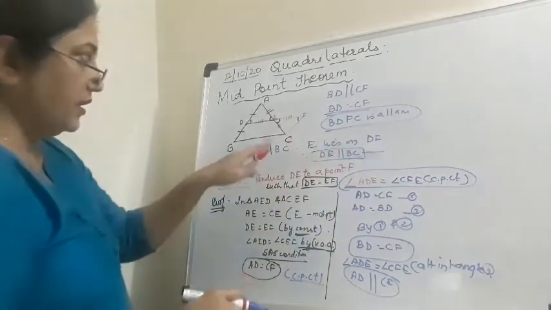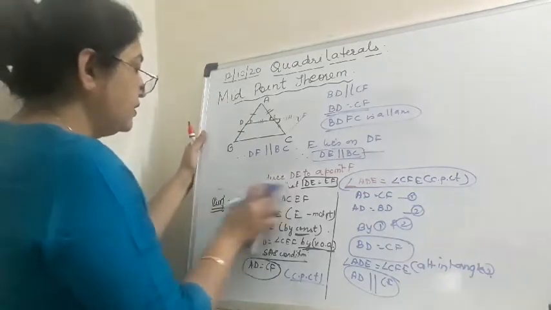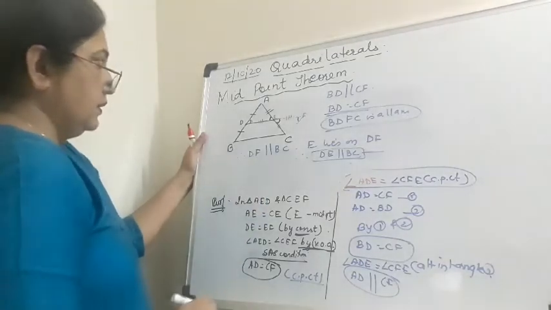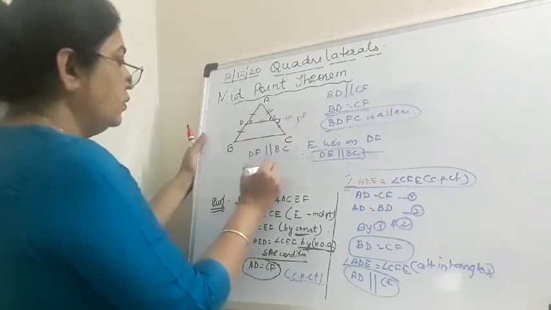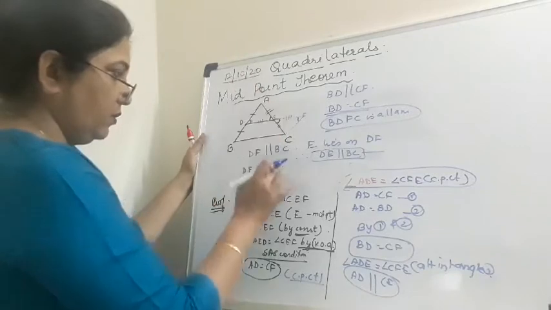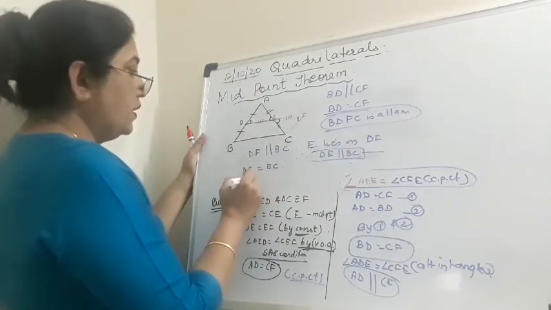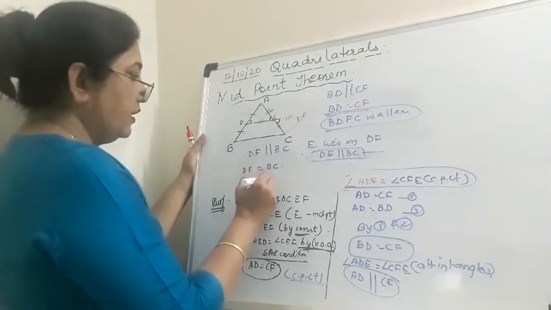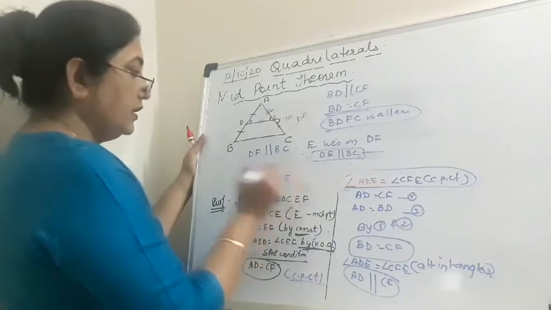Now it is saying that DE is half of BC. So what will we write for that? We will now write, we know that DF is equal to BC. Yes children, because opposite sides are equal in a parallelogram, you will write all these reasons. Now DF, you know that DF is equal to twice DE.